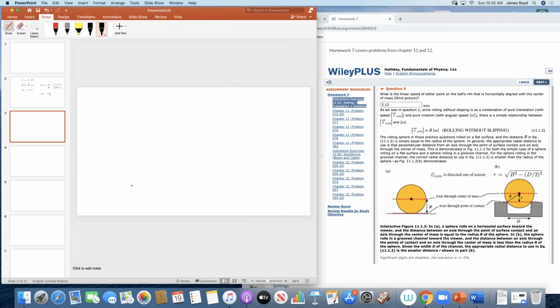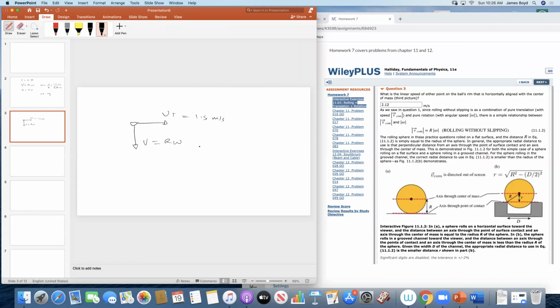And we know that this would be a combination of v translation, which is 1.5 meters per second, and a combination of v down, which is equal to r omega.